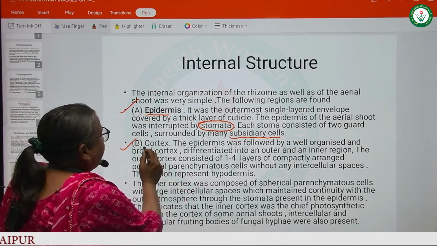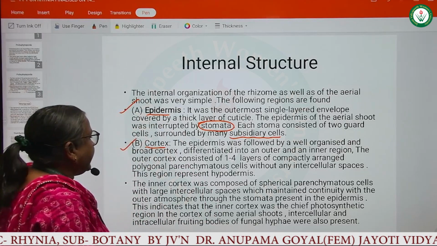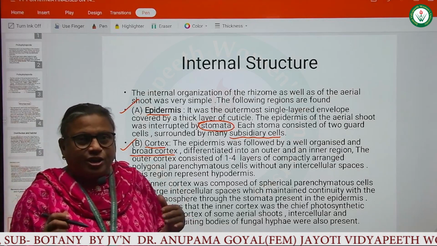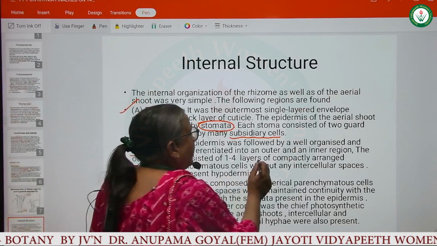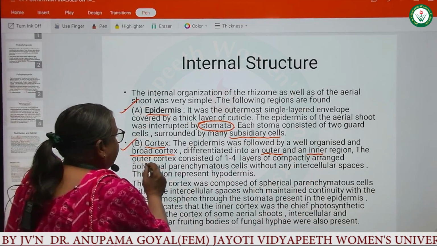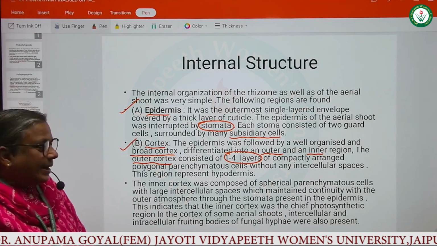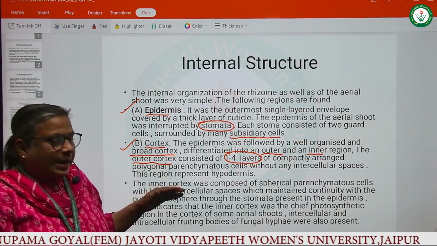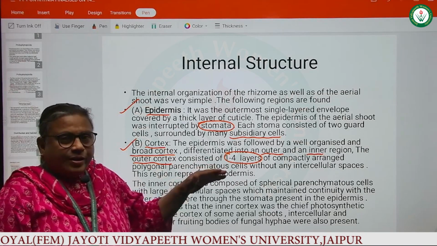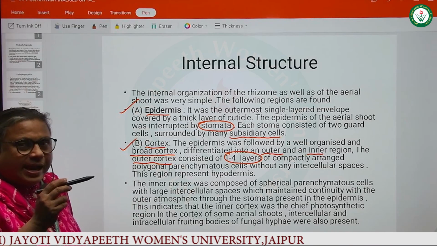And now the cortex. The epidermis was followed by a well organized and broad cortex, which was differentiated into an outer and an inner region. The outer cortex consisted of 1 to 4 layers of compactly arranged polygonal parenchymatous cells without any intercellular spaces. This region represents hypodermis.